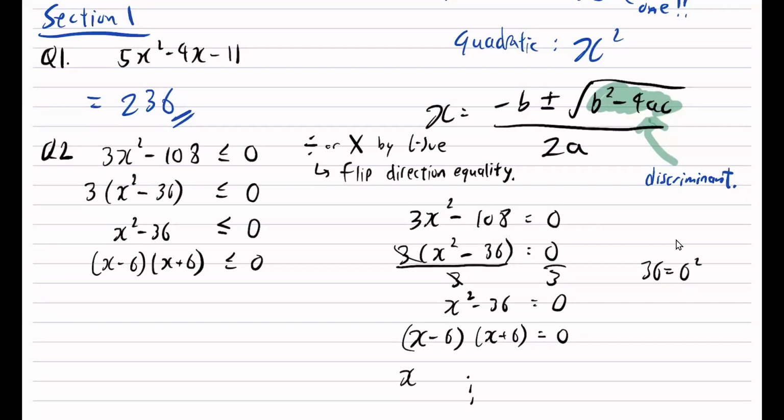Use the calculator mode 3? To find the roots to factorize. Do you know how to use the calculator to help you to factorize? No. You don't know? Okay. I'll demonstrate. x squared minus 36. Let me show you.